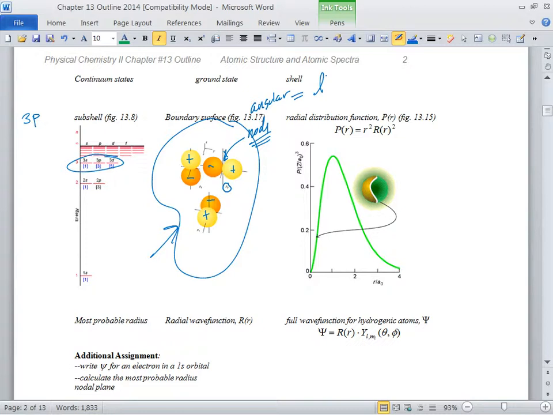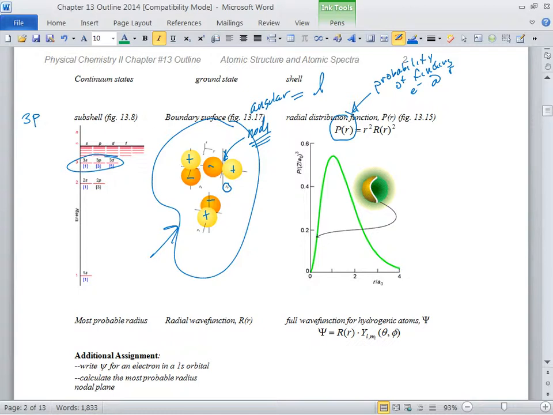The radial distribution function. Now we're starting to get into where things are at. This is the probability of finding the electron at r, so probability of finding an electron at a distance r from the nucleus.